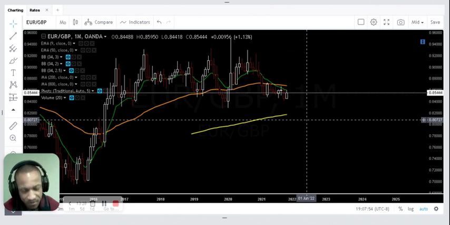So that's an uptrend. 50 is over the 9. It's a downtrend.